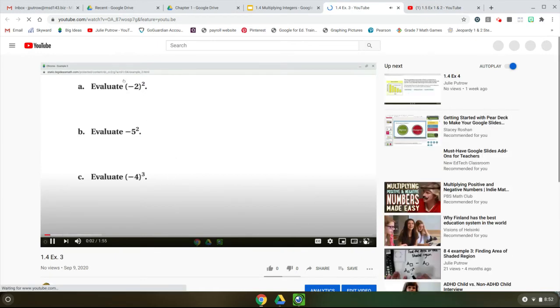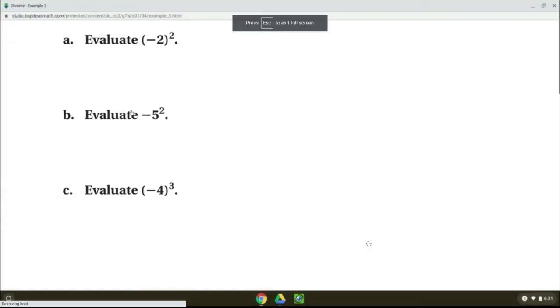Okay, in example 3, we have 3 different examples. They all look similar, but they are all actually different. They all include exponents, which we learned in the last section meant that you take this number and you multiply it by itself this many times. The exponent tells you how many times to use the base. Now these parentheses here are important because if you look between A and B, A has parentheses and B doesn't.